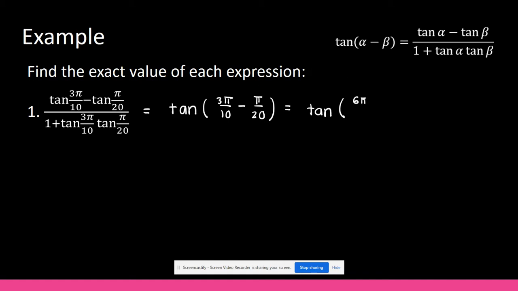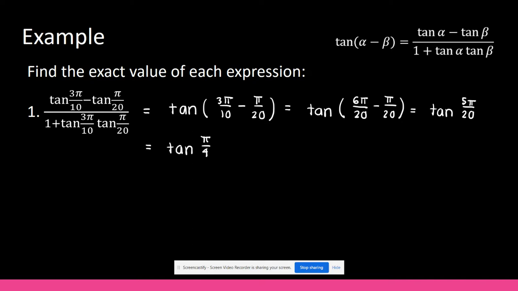So that would give us 6 pi over 20. That then allows us to subtract. If I subtract 6 pi minus pi, that gives us 5 pi, and that's still all over that common denominator of 20. And notice that 5 and 20 are able to simplify down, so this turns into the tangent of pi over 4.